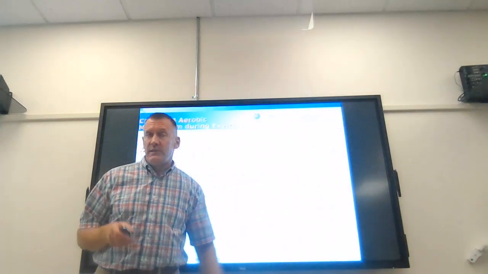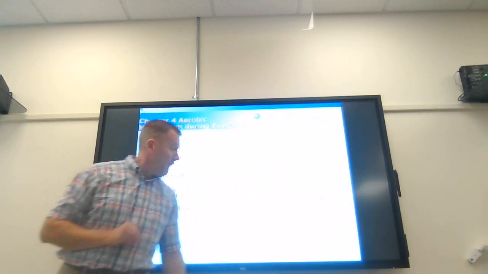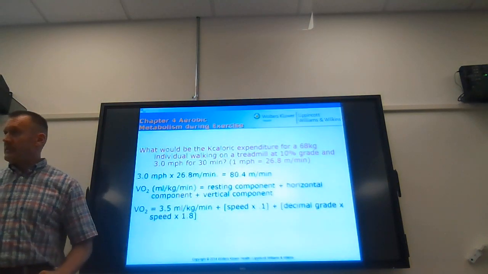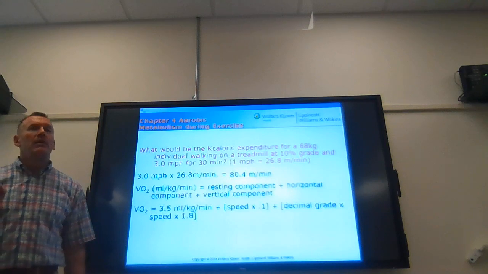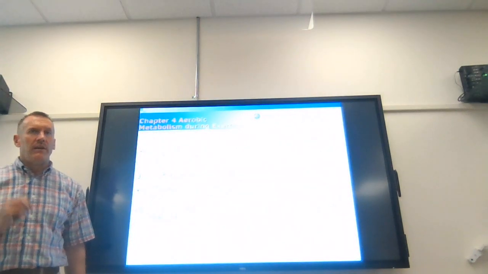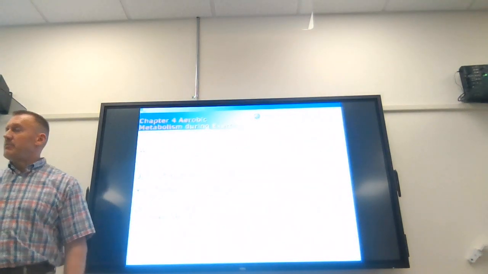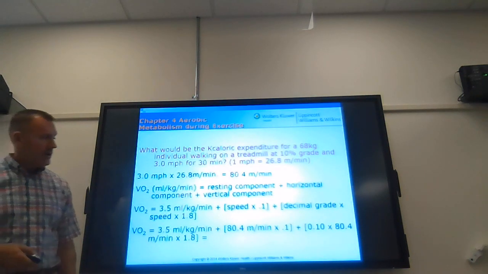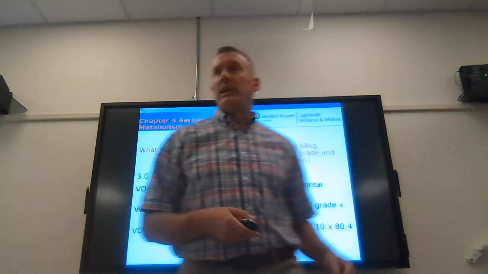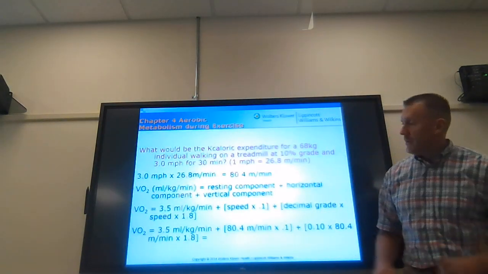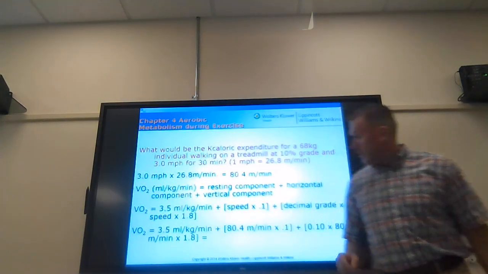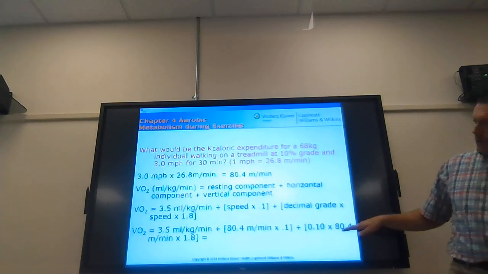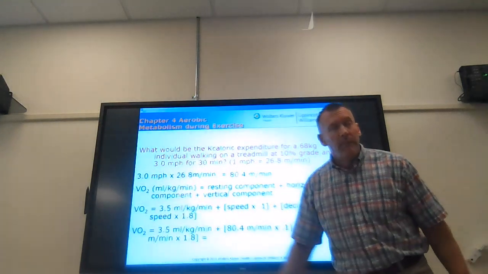It's going to be 10%, which is 0.1 times your speed times 1.8, because that's the constant. 1.8 milliliters per kilogram of body mass per minute for each meter per minute. So how does this look when we have it all written out? Okay, so you got your resting component, your horizontal component, your vertical component right here.